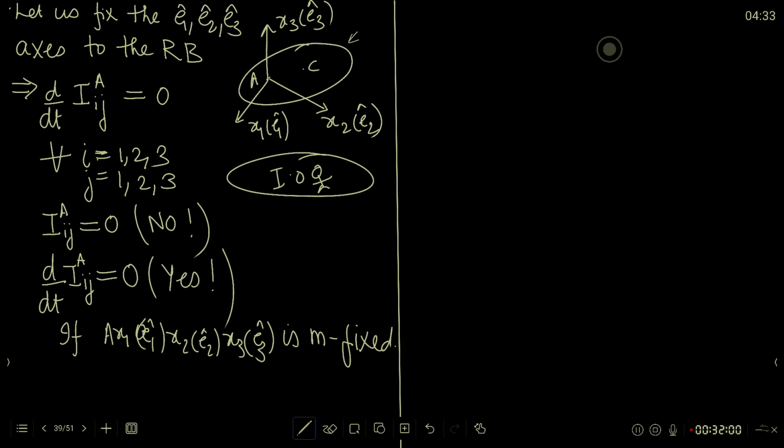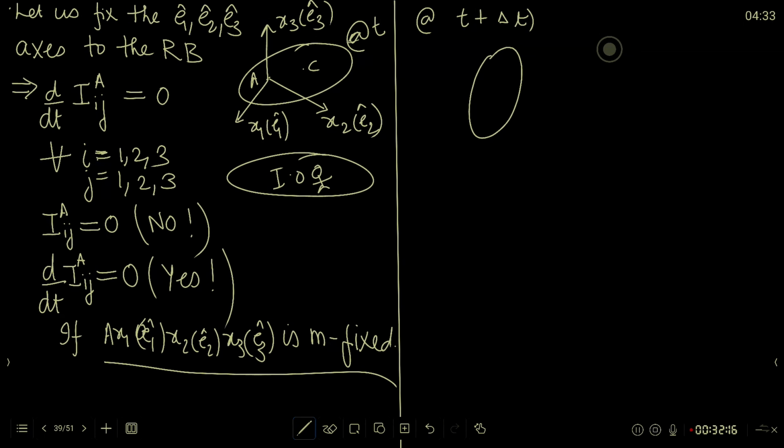Let me call it at time t. At time t plus delta t, the body may be oriented like this. But if I make this happen, then along with the body, the coordinate system will also change. Maybe I show it with a more regular shape that will be easier to visualize.